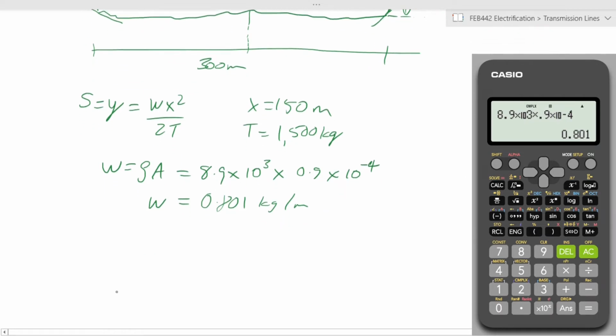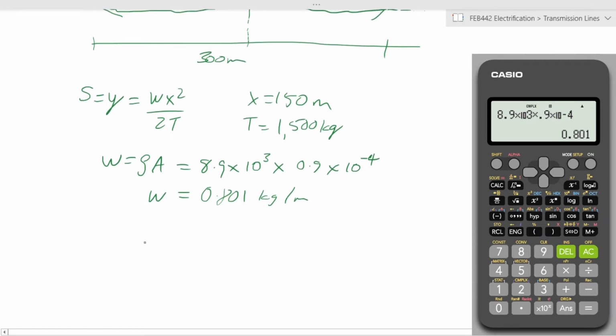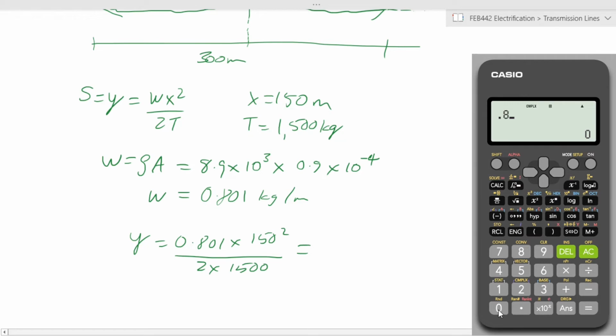So now we have all that we need to calculate the sag. y is equal to 0.801 times 150 squared over 2 times 1500, which is about 6 meters.